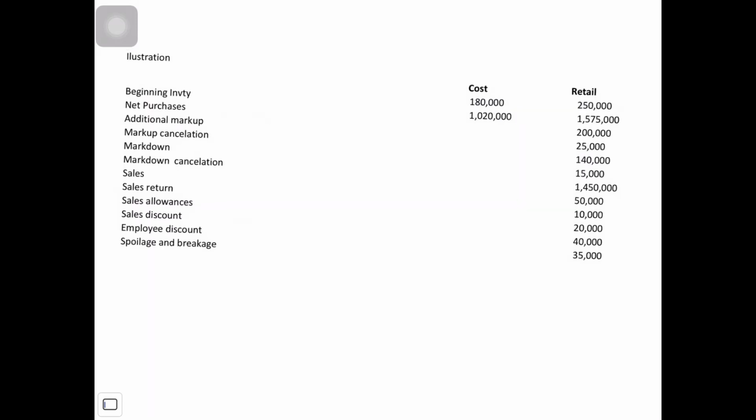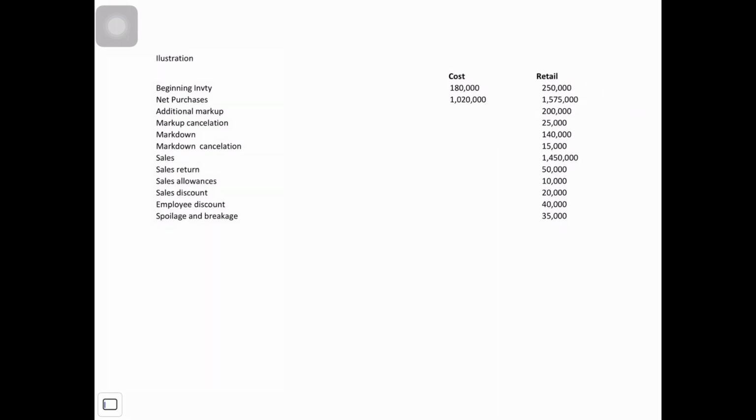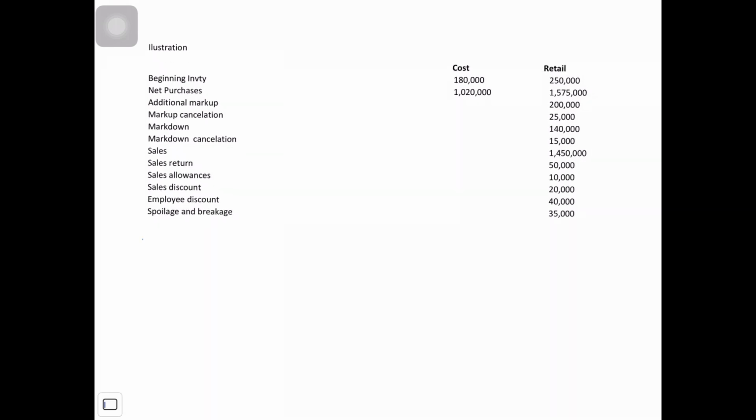Let's continue now by giving an example. We will get it using the 3 methods. First thing we need to do is, what is the formula, guys? Goods available for sale at selling price less net sales equals inventory at selling price.